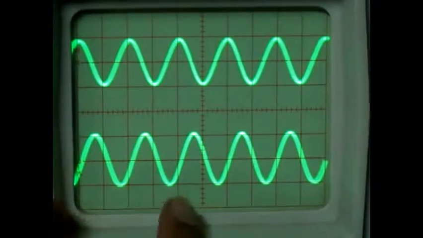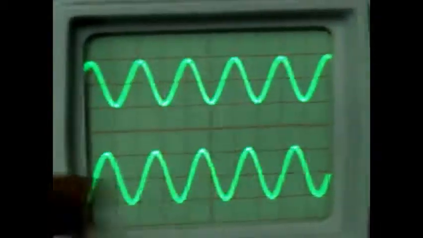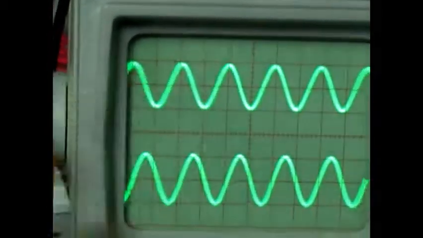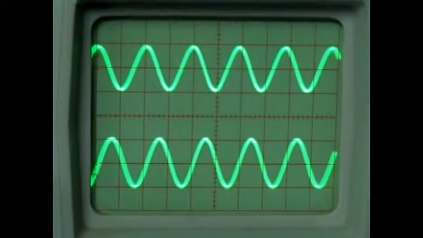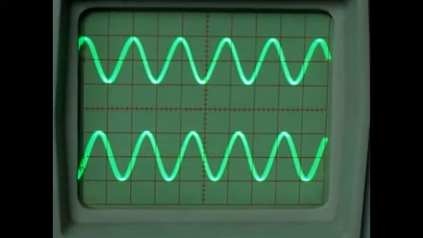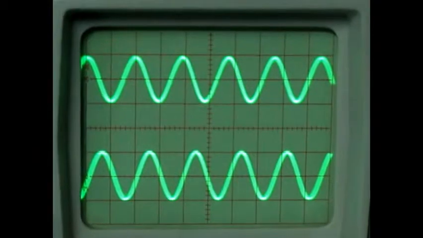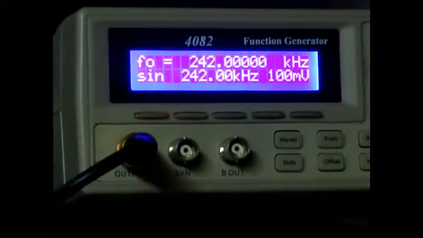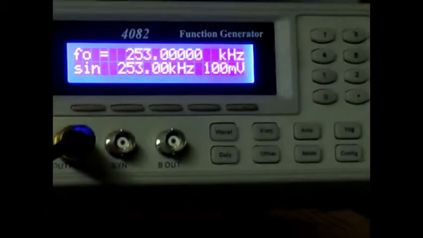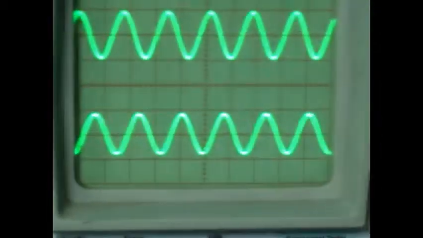So the frequency at which the output amplitude crosses the 0 dB line, I mean the frequency at which the gain is 1, that will be our unity gain bandwidth, which is something around 240 kilohertz, and the gain reduces further and further.